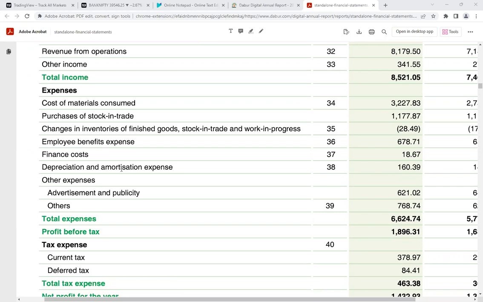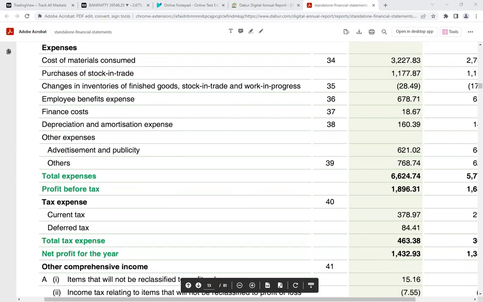Sometimes there will be a problem there, or some parts will be damaged, because any machine will not work continuously in good condition, right? It has its own date of expiry, so there will be some damage to the machinery, or sometimes we may have to replace the parts. That kind of expense is denoted under depreciation and amortization.